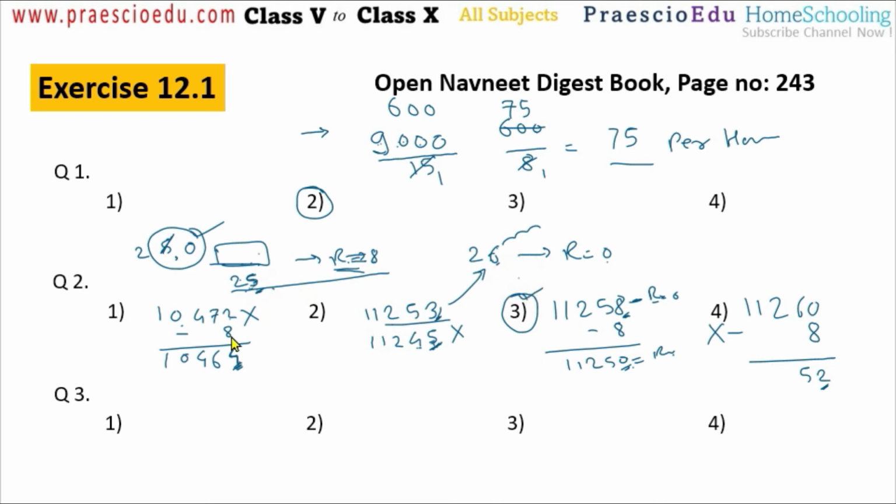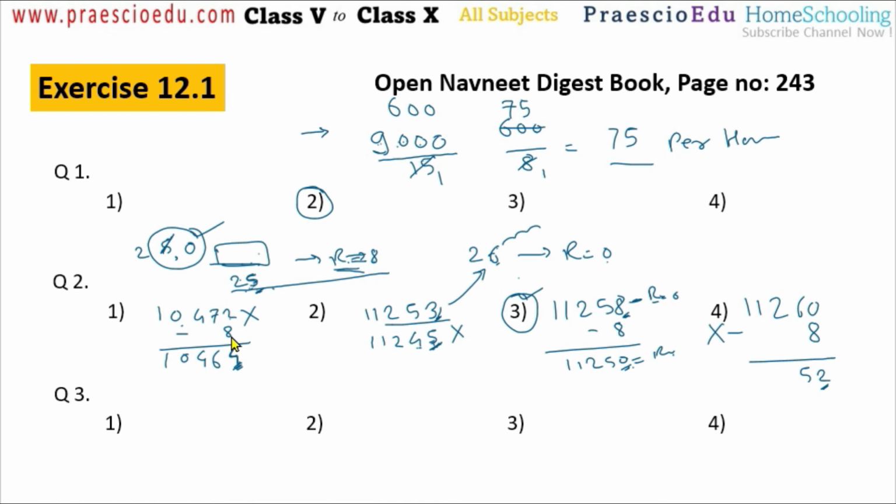Now question number 3. 250 persons decided to contribute 750 each to an institution. However, the total collection was 400 less than intended. Intended means the estimated amount that has to be collected, but they collected 400 less.